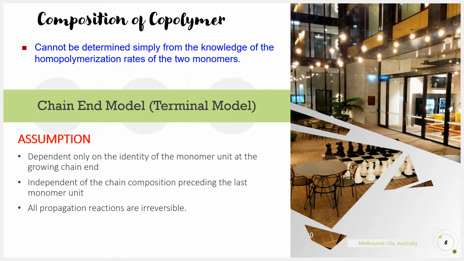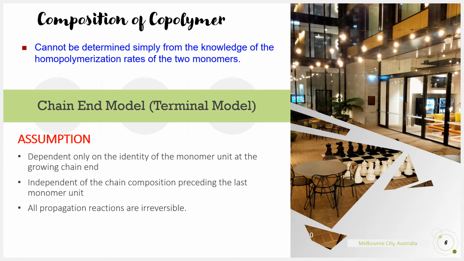The composition of a copolymer cannot be determined simply from knowledge of the homopolymerization rates of the two monomers. That's why you need to use the chain end model, also known as the terminal model.